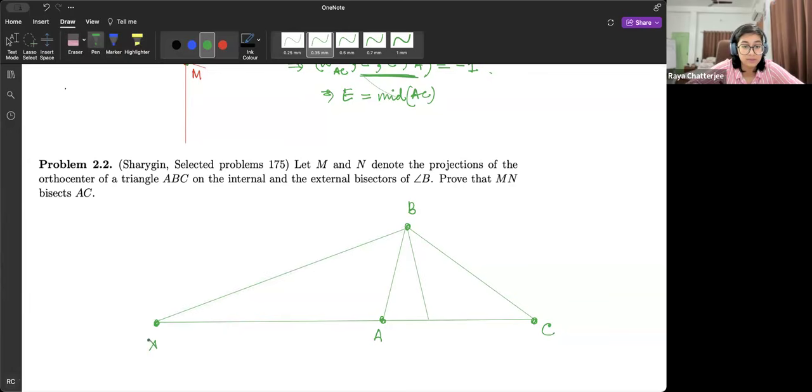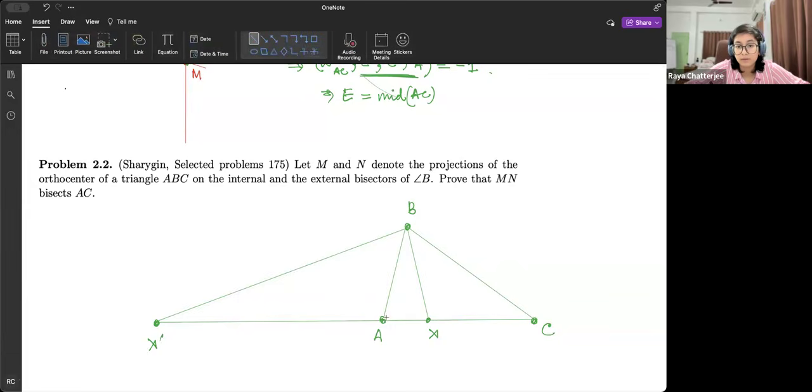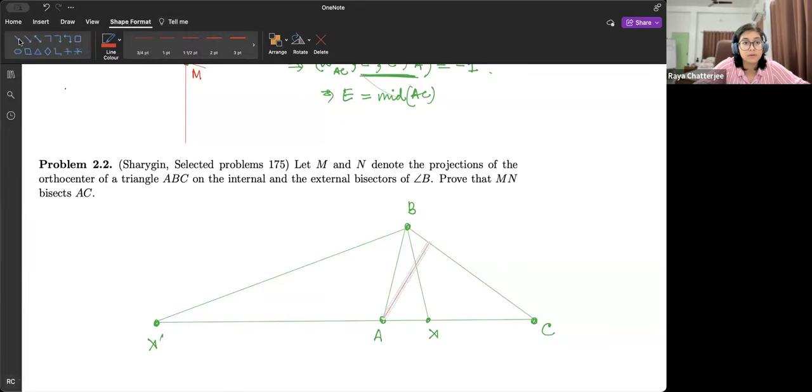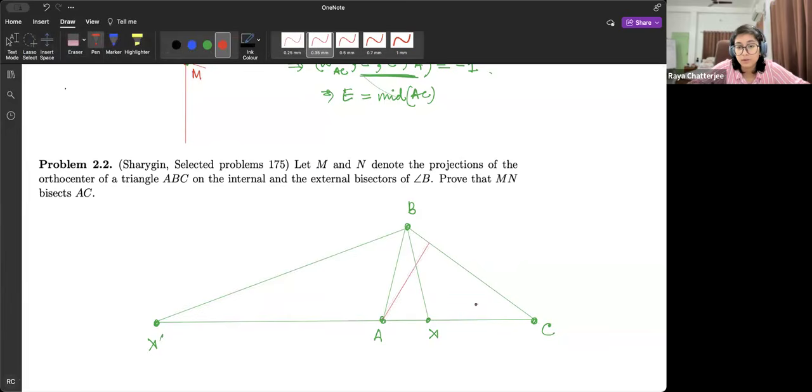Let's say that this intersects at X prime and this one at X. And this is the orthocenter, let's just say, I'll take the altitude, so it's better. The altitude, something like this. Yeah, this is H.